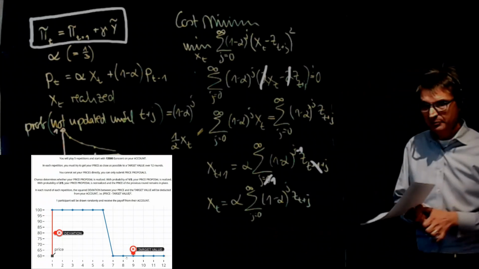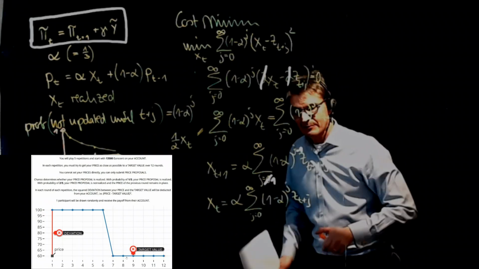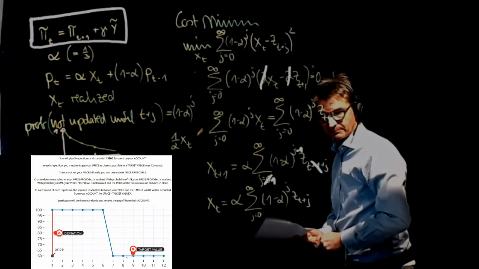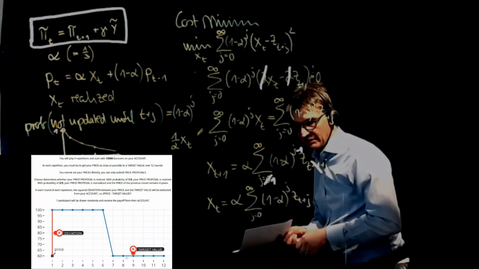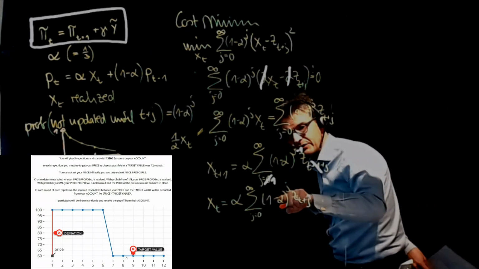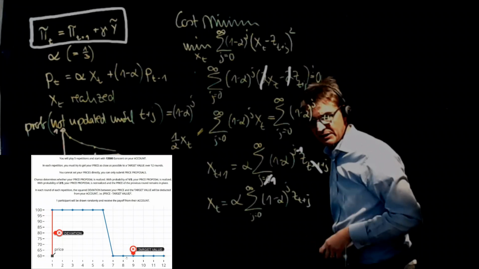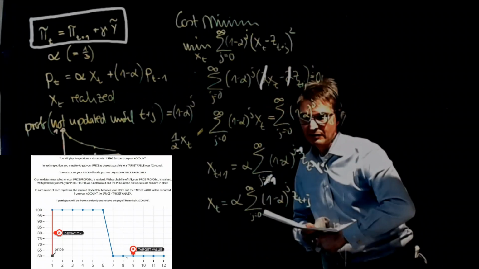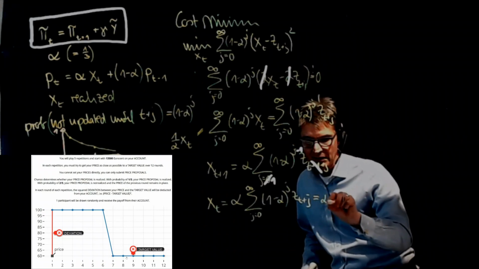However, now I split this sum into 2 parts. The first part is for j equal to 0. When j is equal to 0, I have (1 minus alpha) to the power of 0, which is 1, and here I have only z_t, which is then alpha z_t.